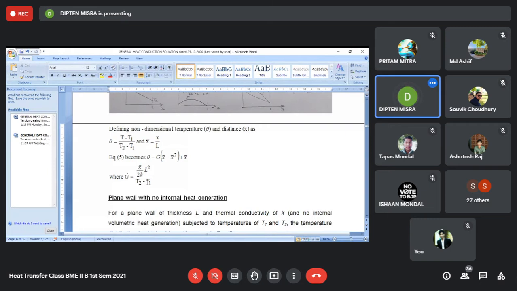Now, suppose in this way you construct a series of graphs on a graph paper with theta as a function of x, but each graph is representing one value of capital G dot. There is another graph that is representing another value of capital G dot, like that.